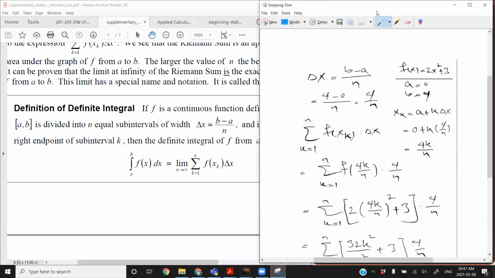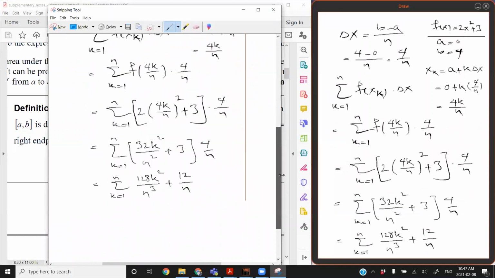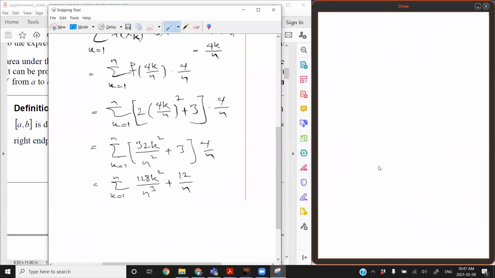Now it's time to use those properties and the formulas in the appendix. I'm now using those properties because, for example, with this one, you can distribute the sigma. It's going to be sigma of this term plus sigma of this term.